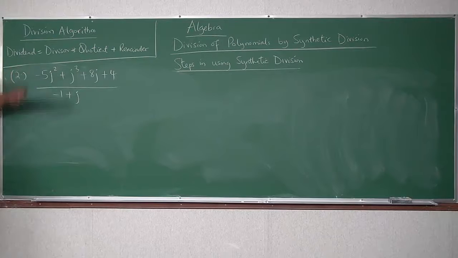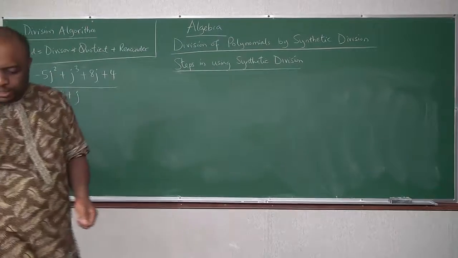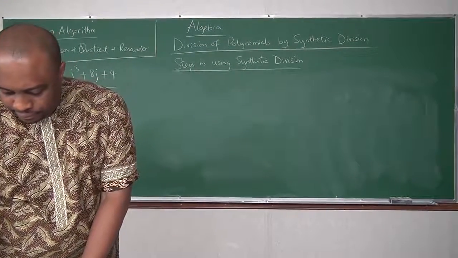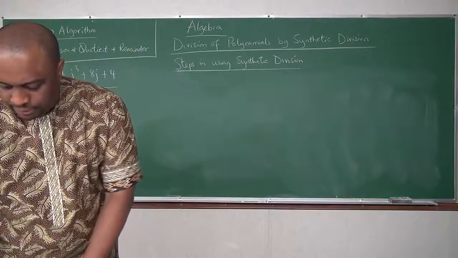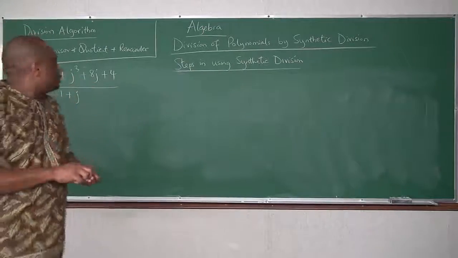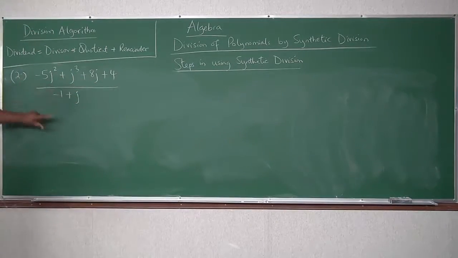Like I said, this is not arranged, so we have to arrange it first. Any one I do, let me just mark it off that I've done it. We arrange it in descending order of exponents.